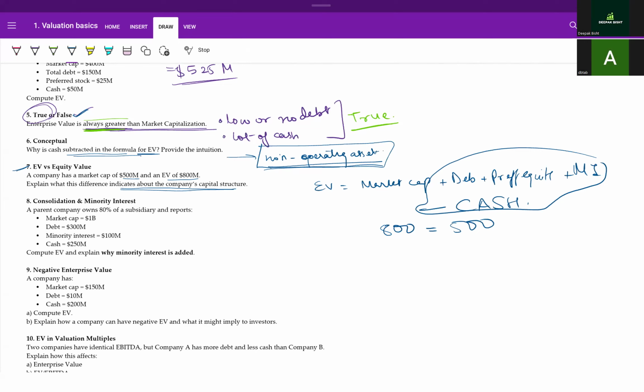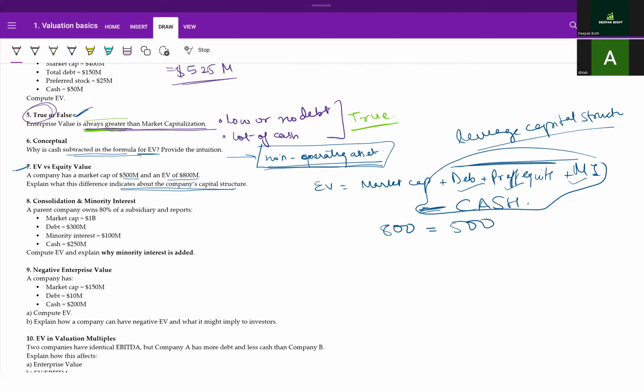The 300 difference is coming from there, and the company is likely to have debt, preferred equity, and minority interest, relative to which it has cash that it has used. If they have high amounts of these and have paid off some portion using cash, this indicates a leveraged capital structure. Leverage in itself means debt.